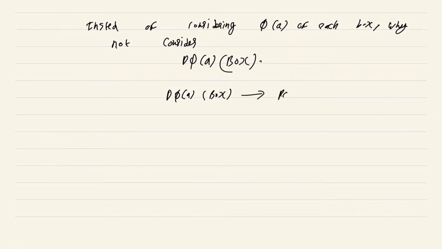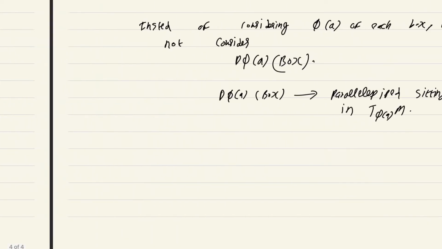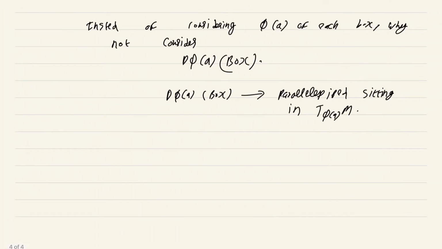This will be a parallelepiped sitting in the tangent space. Okay, so the net upshot is we have got a box, or rather a parallelepiped, sitting in the tangent space. We know how to measure this parallelepiped sitting in the tangent space.